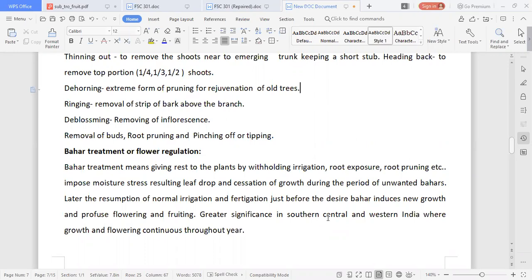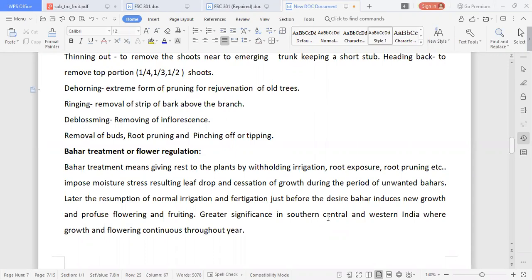Bahar treatment means giving rest to the plants by withholding the irrigation. You have to stop the irrigation. There will be exposure of roots, then root pruning. So impose moisture stress resulting in leaf drop. There will be moisture stress because you are not giving irrigation, and leaf drop will occur. Growth ceases during the period of unwanted bahars, so growth will be stunted or slow.